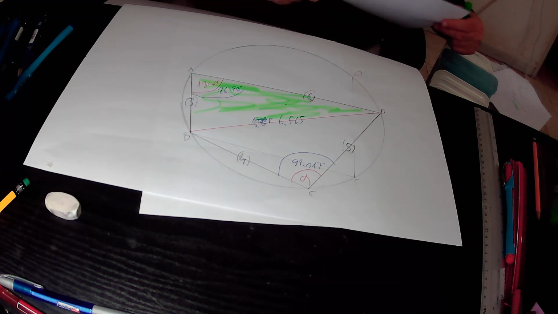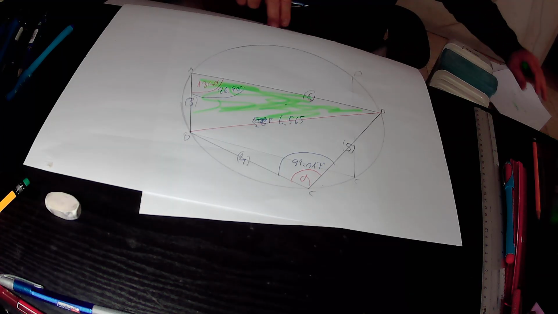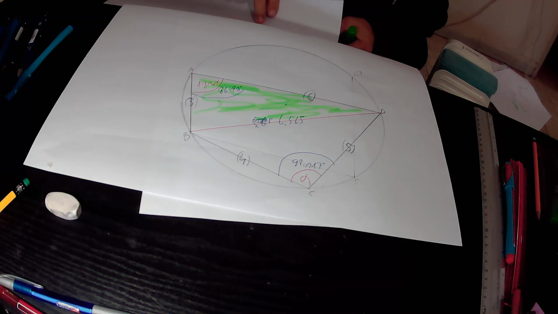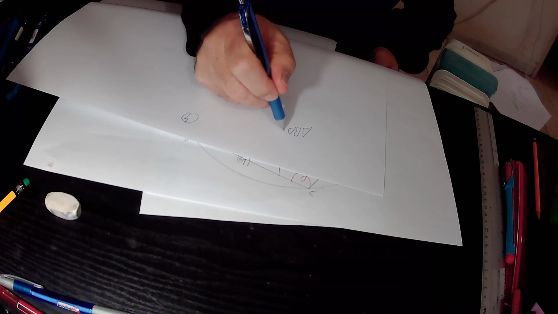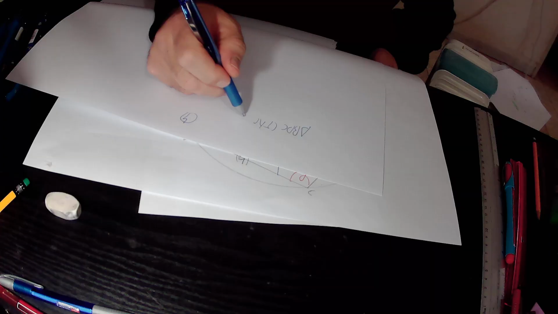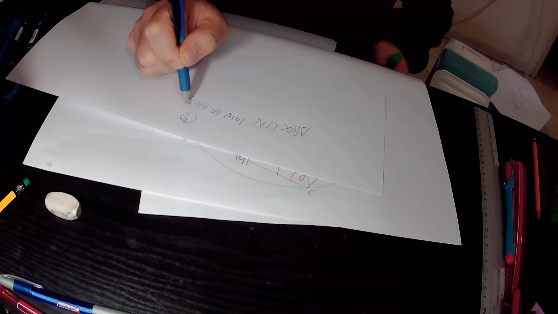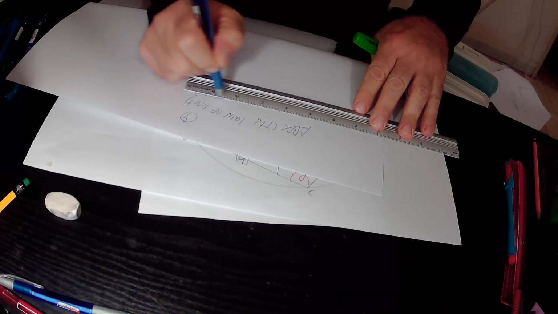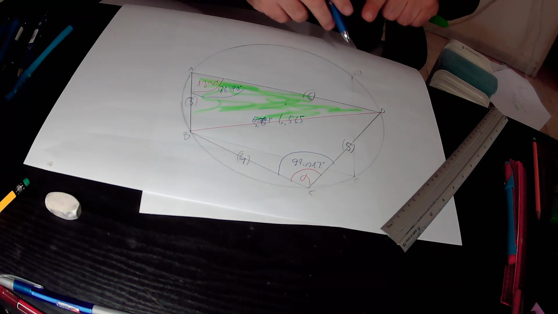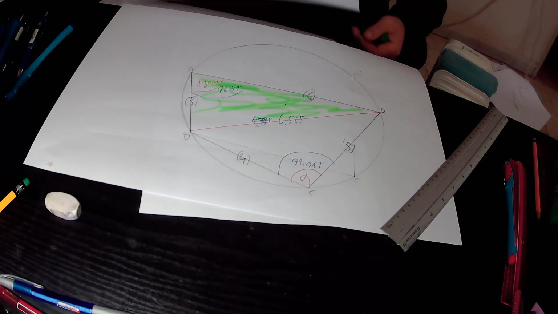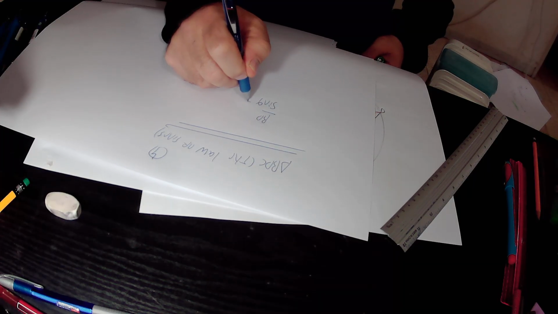According to the law of sines in this lower triangle BDC, the following equation is true: BD over sine alpha equals 2R.